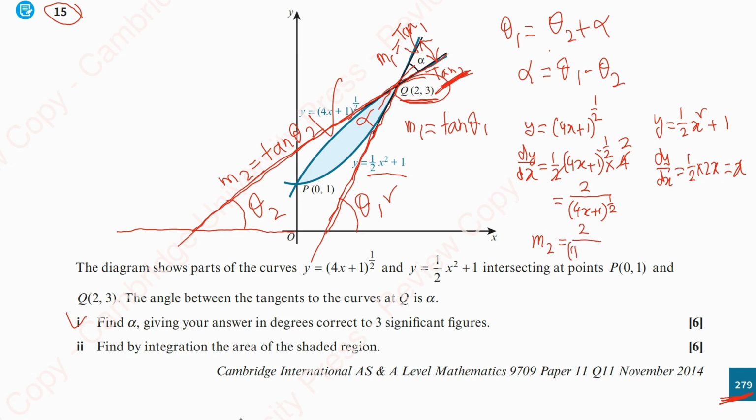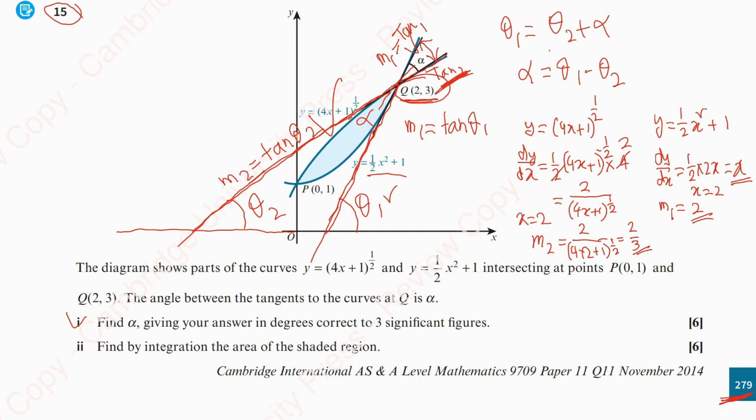So the gradient is 2 divided by (4 into 2 plus 1) to the power half, and it gives us 4 times 2 is 8, plus 1, 9, square root of 9 is 3, so 2 by 3. We got it when I put x equals 2. For the second one, if I consider the gradient m1, then at the point x equals 2 we put the value x equals 2 directly. We got the gradient 2.